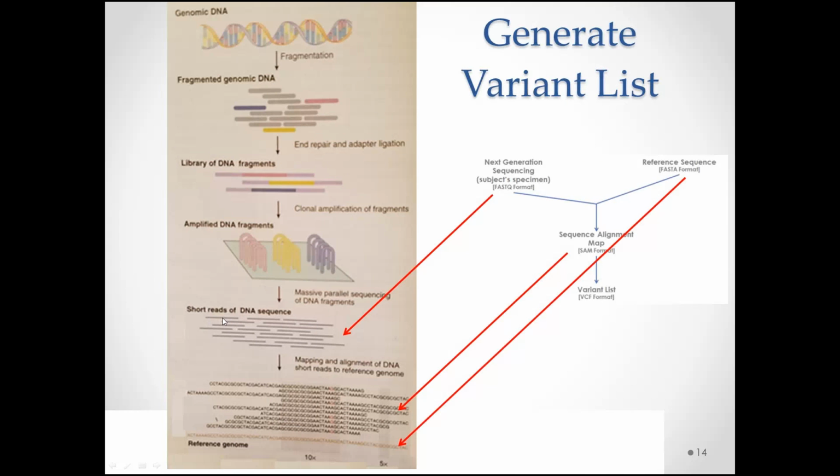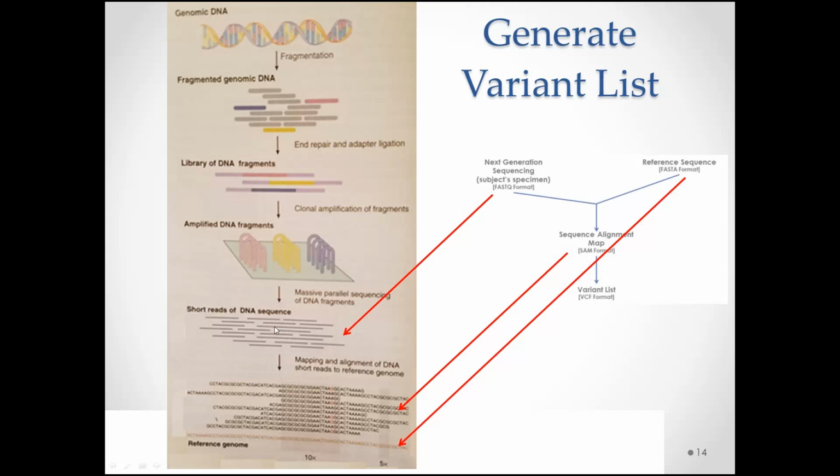Depending on the technology, each read might be 100 base pairs long, maybe several hundred base pairs long. A file that contains the sequence of each one of these reads can be generated, and that file format would be a FASTQ file format.